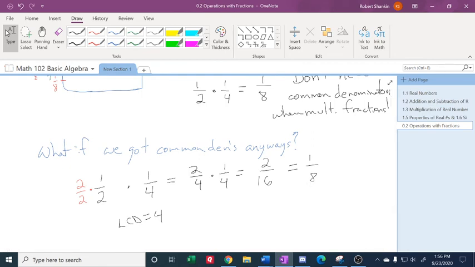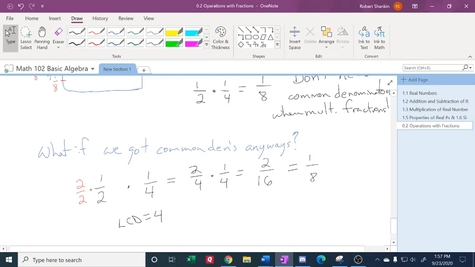So it's not wrong to get a common denominator, it's just not necessary. You're just doing more work than you have to. You're building up a fraction. Notice we made this fraction twice as big, we had to multiply top and bottom by 2. And then later we had to divide top and bottom by 2 to reduce it.